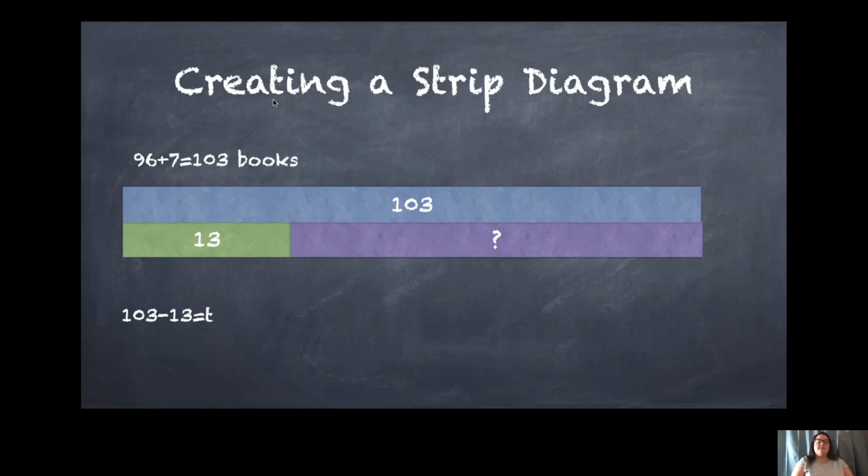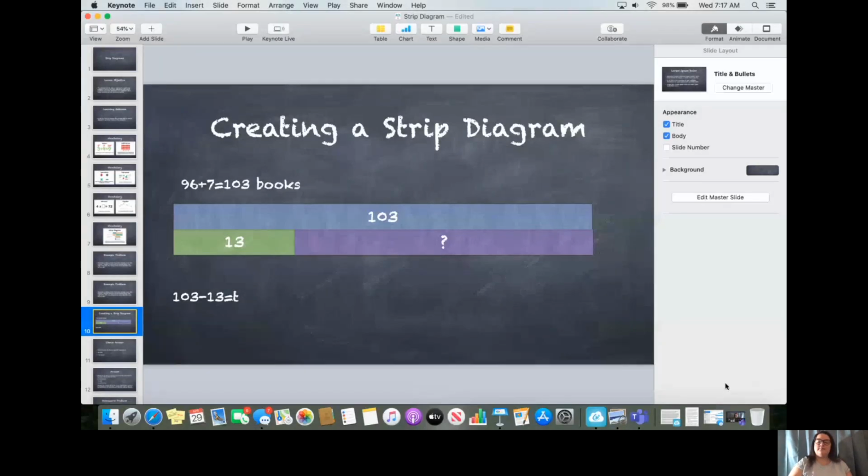This is what my strip diagram would look like. 103 is our total amount. 13, that means we're going to take away 13 books. And then that unknown is the amount of books we're going to have after we take that 13 away. Let me draw that strip diagram for you.